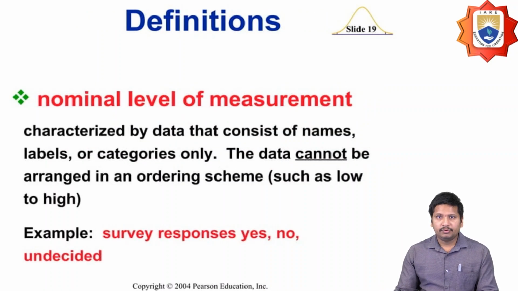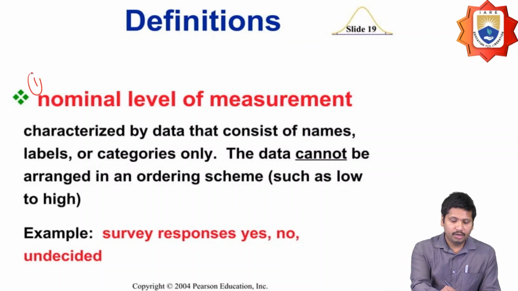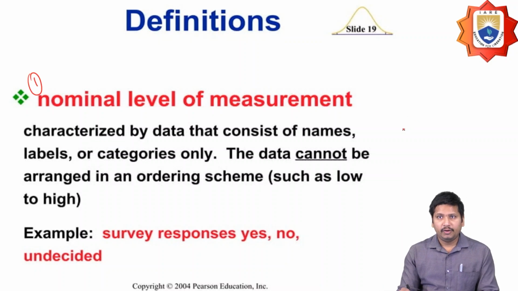The very first is the nominal level of measurement. This is characterized by data that consists of names, labels, or categories, and the data cannot be arranged in ordering schemes such as low to high.